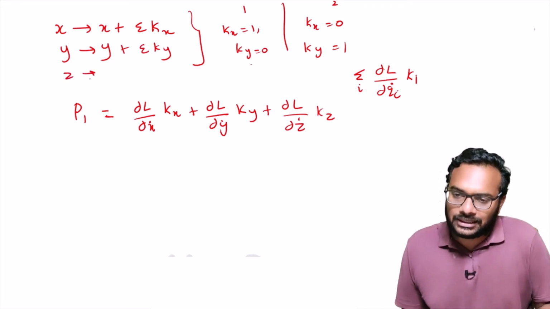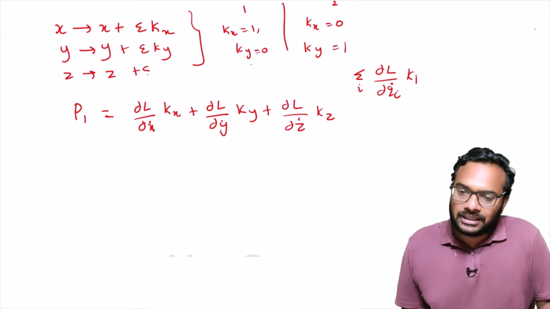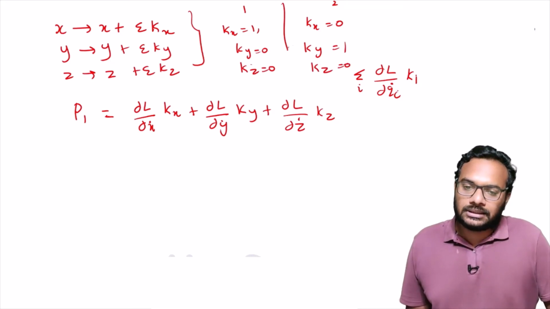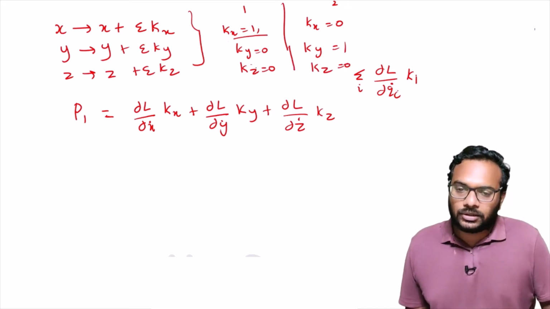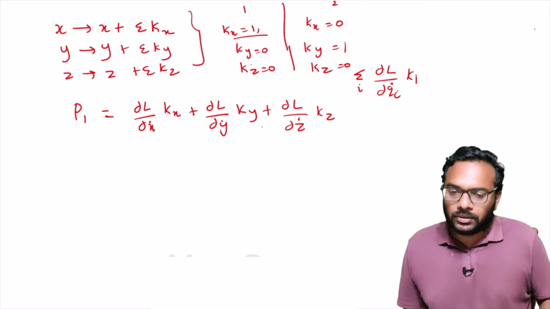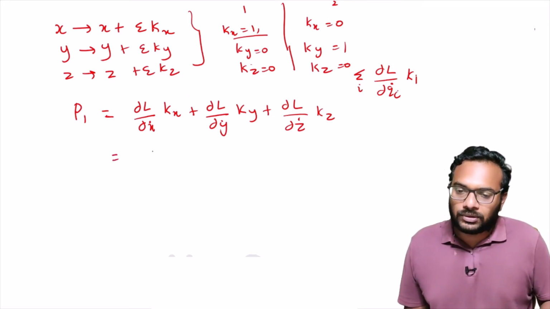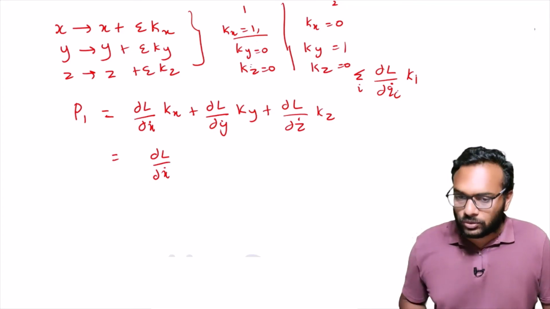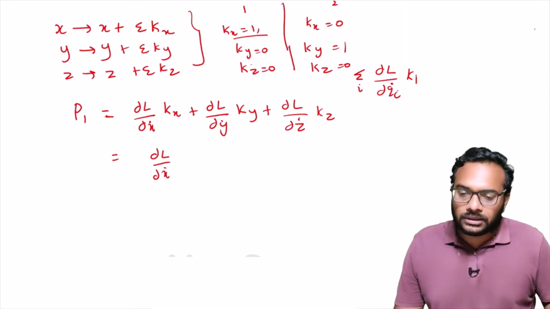So we can take z going to z plus epsilon kz and add that here, but kz has to be 0 in both cases. So these are the two symmetries. Now we substitute kx equal to 1, ky equal to 0, kz equal to 0, so p1 is ∂L/∂ẋ.